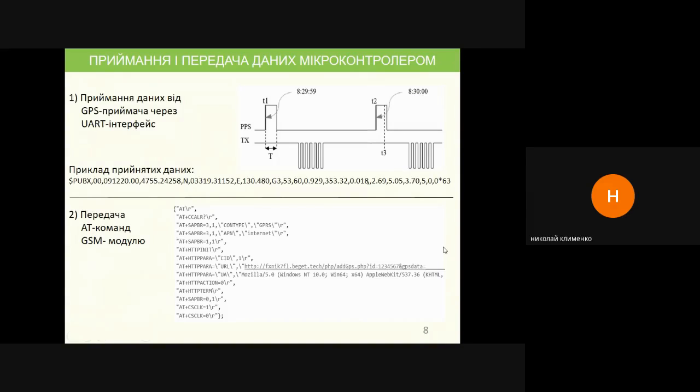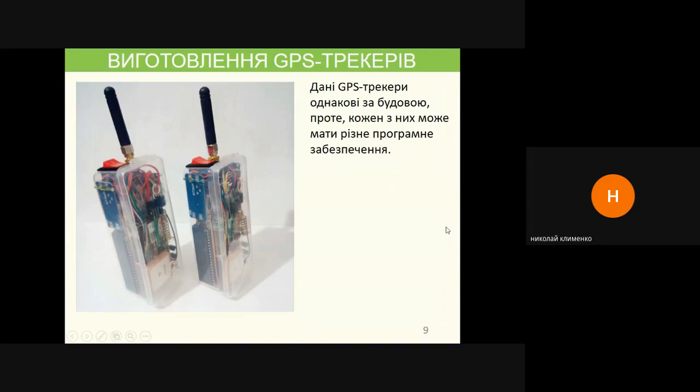Приймання даних мікроконтролером від GPS-приймача відбувається з використанням UART-інтерфейсу і обробки зовнішніх переривань мікроконтролера. Для передачі отриманих даних від GPS-приймача на веб-сервер мікроконтролер повинен переслати GSM-модулю список визначених AT-команд. На основі електричної схеми виготовлено два GPS-трекери. Дані GPS-трекери однакові забудовою, проте кожен з них може мати різне програмне забезпечення.